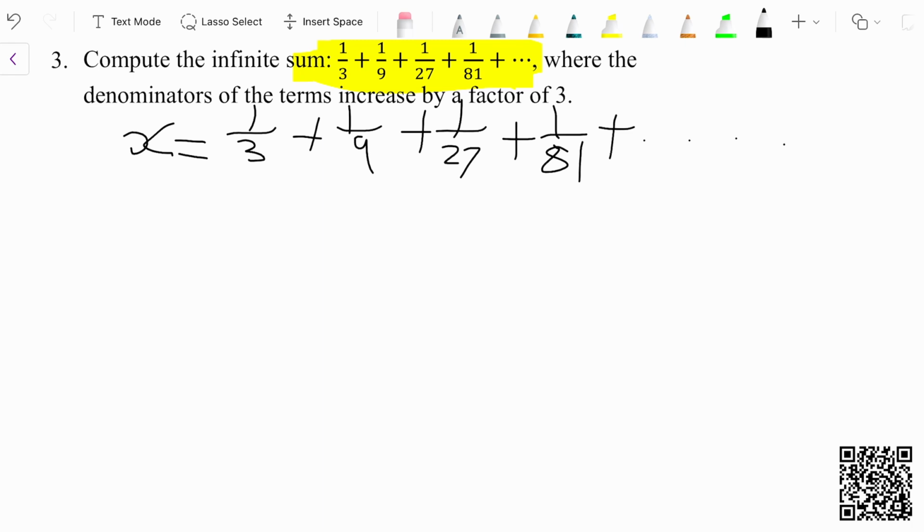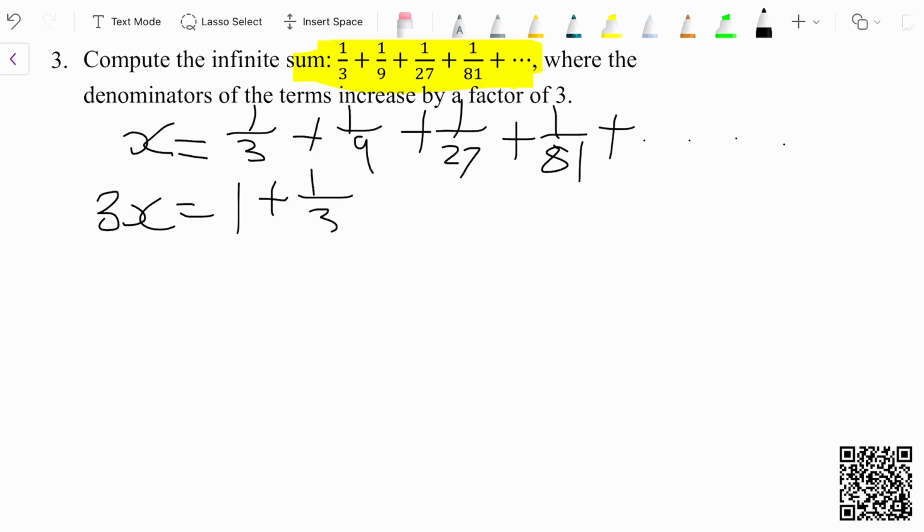We can't really multiply by 10 here because that won't do us much good besides being slightly more confusing. However, we can multiply by 3, and that basically brings forward all our numbers by 1. The first number would become 1, the second 1/3, the third 1/9, and so on. So if we multiply by 3, it would be a lot easier to subtract.